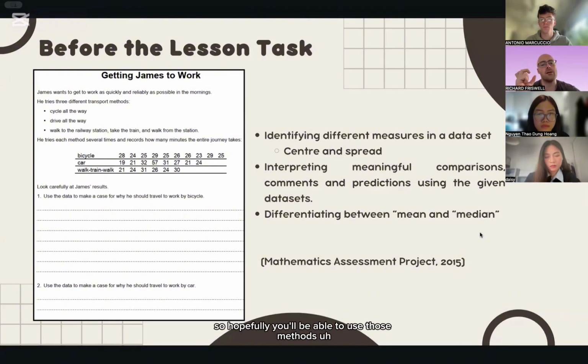Hopefully you'll be able to use those methods because they're transports you're already familiar with, to draw a little bit of data yourself, but then also use the data to make informed decisions on which is going to be the best method for him to take, by using things like the mean, the median, the mode, or the range of the data. If anyone else is at home and wants to give this a crack before next class, feel free to pause the video and then join us back when you're done.